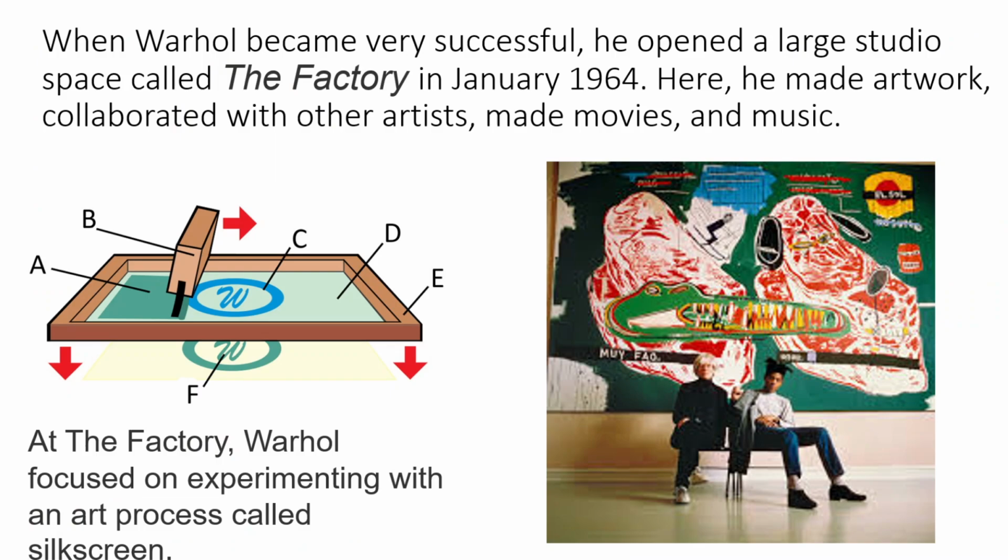When he became very successful, he opened a large studio called the Factory. You don't need to know so much about that or even the printmaking process. But what I'd like for you to know is this cooperative or collaborative process that he developed with Jean Michel Basquiat, who you see him with here on the right hand side. And the image behind them is a large mural that the two did together.